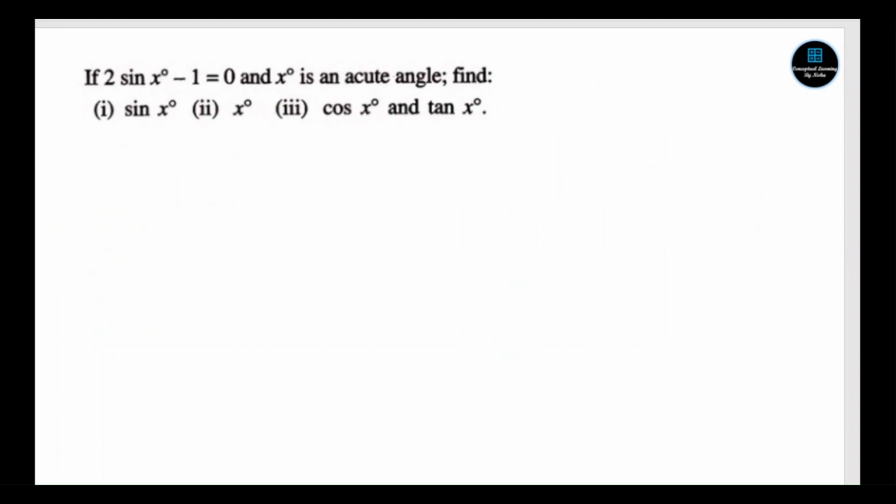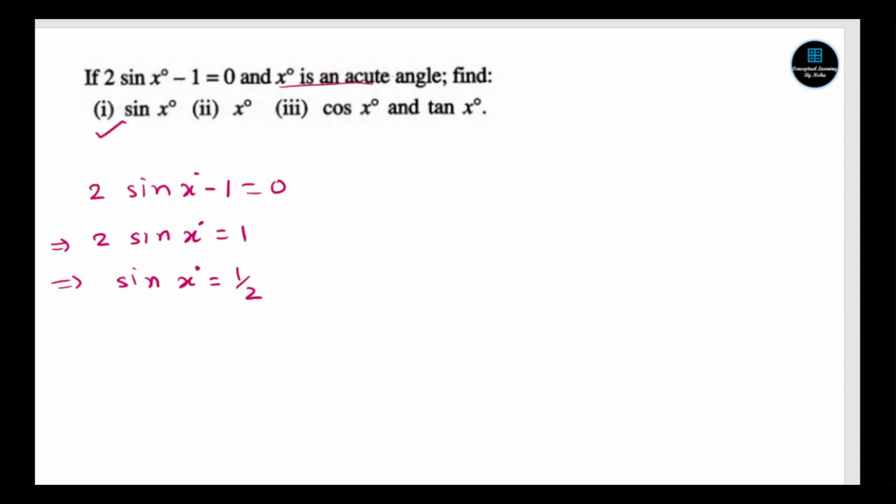Perfect. Now, a very interesting question. See, what is given to us? 2 sine x degree minus 1 equals 0, and x is an acute angle. So we have to find these values. Very easy, let's do it. This gives me 2 sine x degree equals 1, and from this I'll get sine x degree equals 1/2.